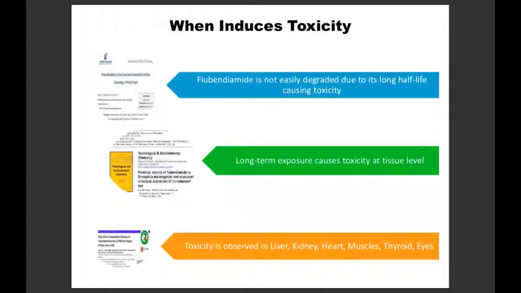Long-term exposure causes toxicity at the tissue level, very high toxicity because of the accumulation of these metabolites. Toxicity is observed mainly in the liver, kidney, heart, muscles, thyroid, that is the internal glands also, and the adjacent part of the fins and eyes. We can see that redness appears in intoxicated fish. Next.